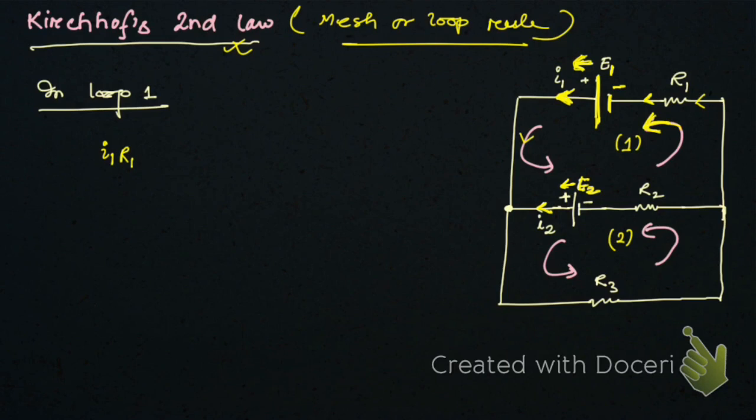And here you can see in this mesh there are two currents, one is I1 and I2. This arm is common for both the loops, so that's why I2 is in opposite direction, right? In opposite direction that flows through R2, right? So that's why it will be negative.